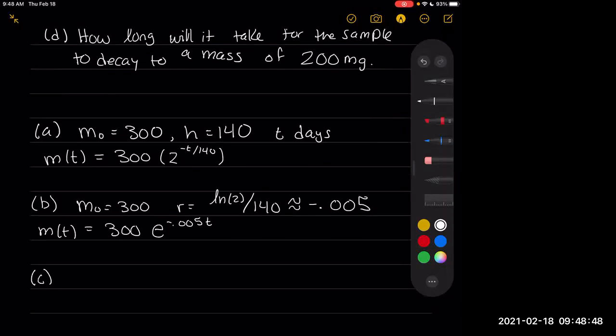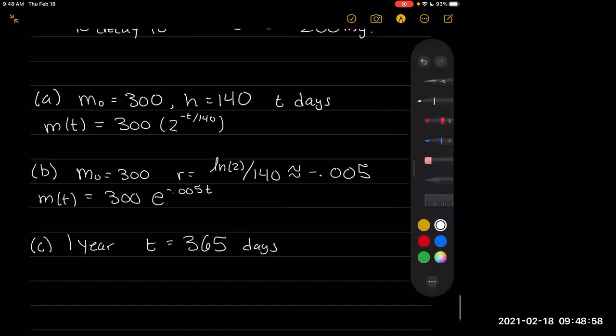So for C, we want to look at 1 year, which means that t is 365 days. I'm going to use the equation in part A, so I'm going to look at 2 to the negative 365 over 140. I could have picked the other equation.